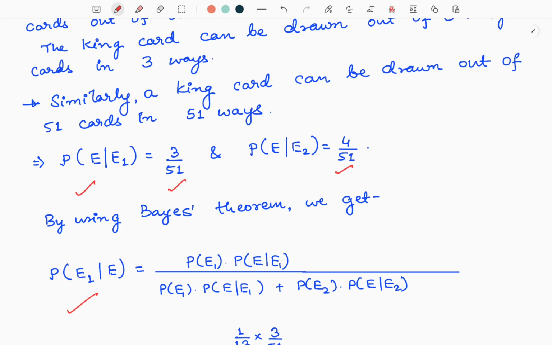When the LHS part is written correctly, you just have to rearrange the RHS part. Just reverse E1 given E, and it will become E given E1. In the same way you have to do with E2. So E given E1, E given E1, E given E2, and in front you have to write E1 here, E1 here, and E2 here.